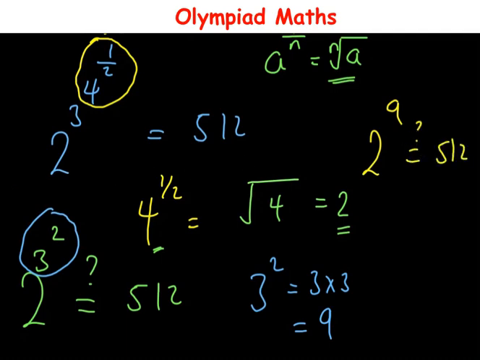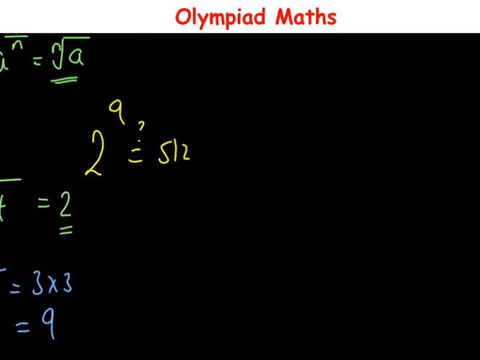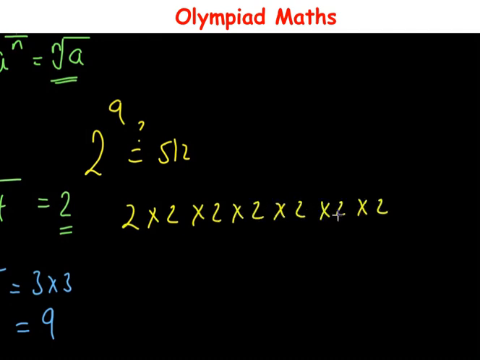Now from here, 2 raised to power 9 is simply 2 in 9 places. 2 times 2 times 2 times 2 times 2 times 2 times 2, 1, 2, 3, 4, 5, 6, 7, 8, and then 9. Will this equal 512?